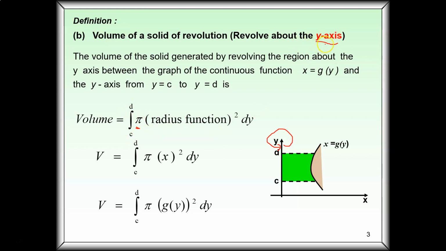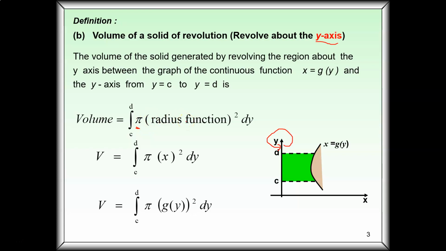So this is the y-axis. When you revolve about the y-axis, the formula will be dy. You integrate with respect to dy. The integration starts from c to d. The definite integral starts from c to d, where c and d can be any values, and then pi times the radius function.